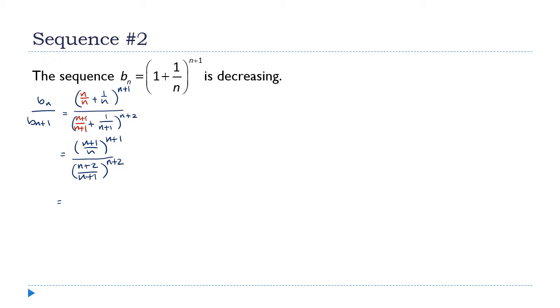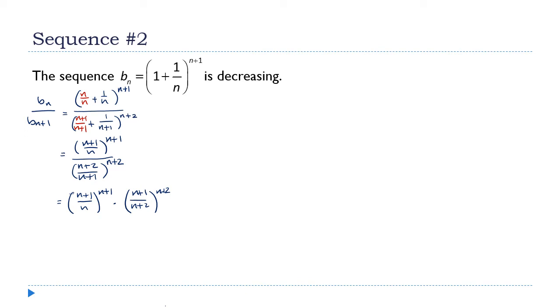Okay, straighten out the fractions, right? I'm going to flip the bottom fraction over just like we did before. ((N plus 1) over n) to the n plus 1 times ((n plus 1) over (n plus 2)) to the n plus 2. Okay, now once again, I want to combine these things together, right?